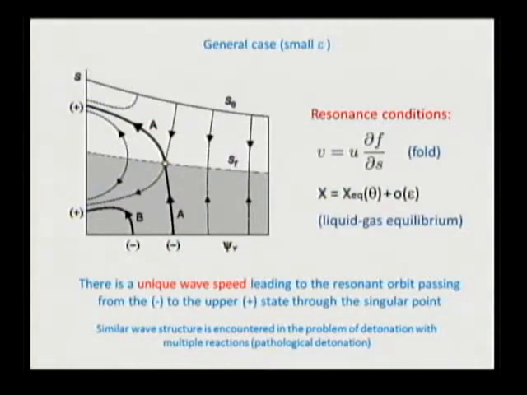And there is a unique orbit which connects a very specific minus state to a very specific plus state. So everything is kind of frozen. And this whole construction allows you to find a unique wave speed. In a while, I will mention that this is a very generic situation for some class of systems.